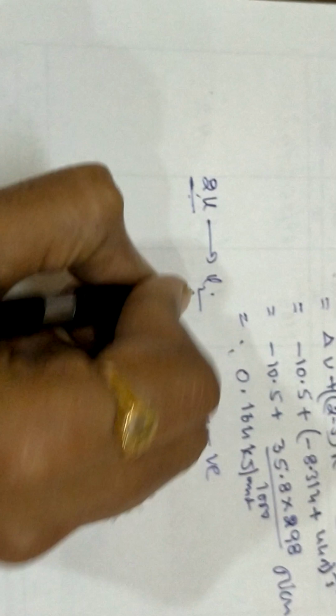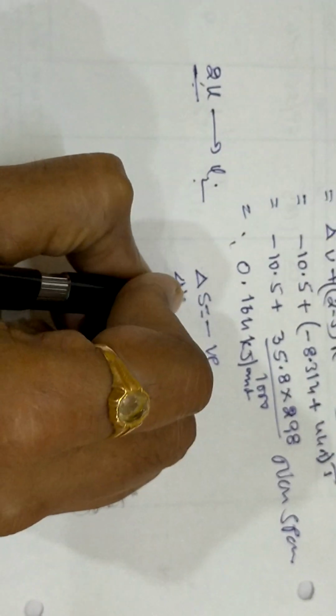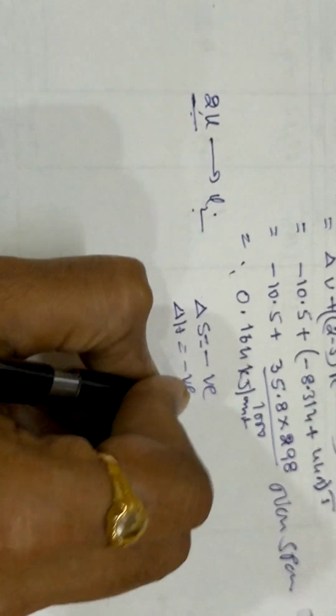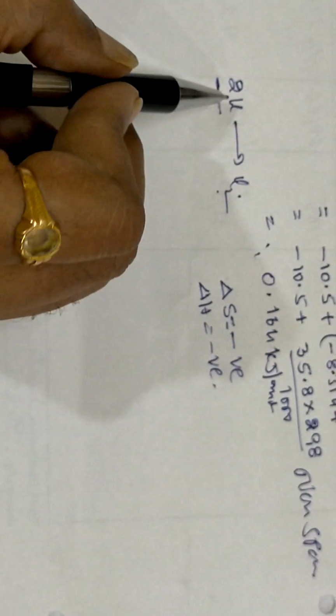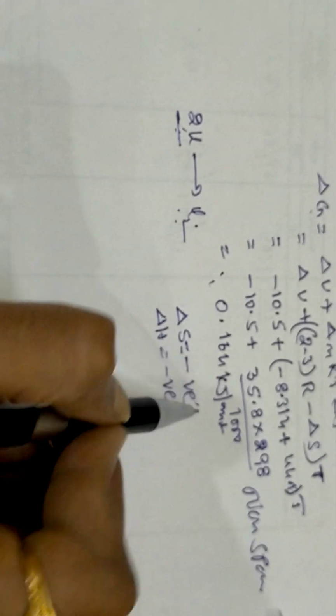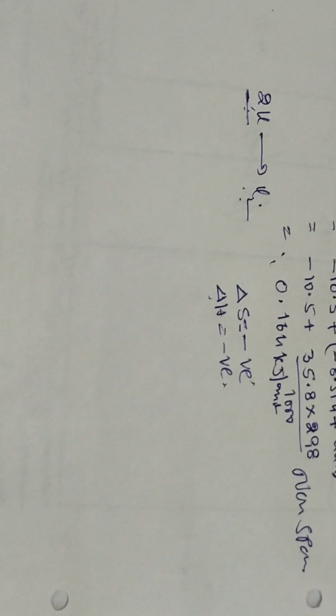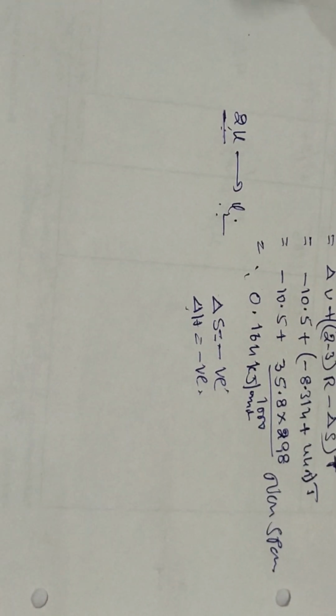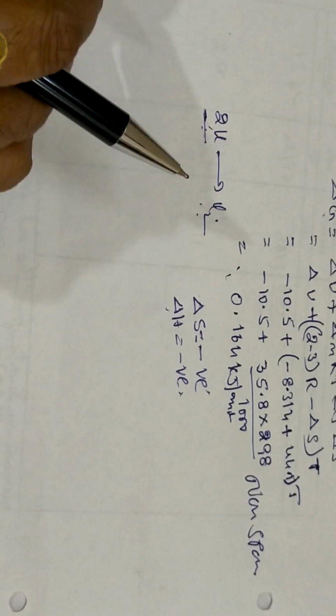Whereas it is a stable molecule, so delta H is negative. Whenever atoms go into a molecule, delta S will normally be negative and delta H will also be negative. So finally the reaction will take place, but it is not a spontaneous reaction.